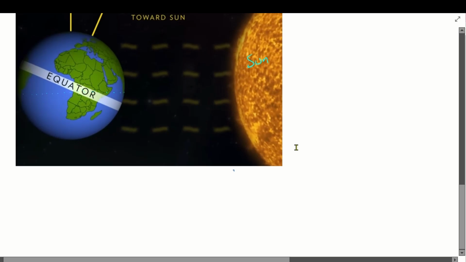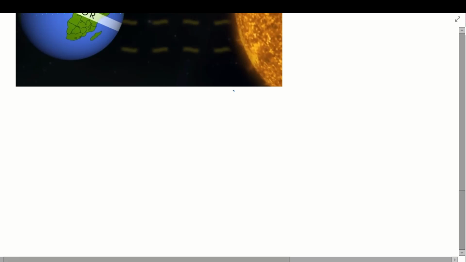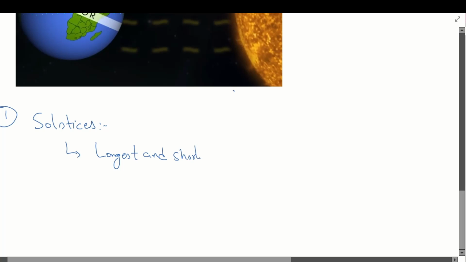Now you will see different terminologies in your book, and I will write the terminologies here and also give you the idea. The first terminology you will come across is the solstice, or solstices. Solstice basically refers to the special days in a year that are the longest and the shortest days.